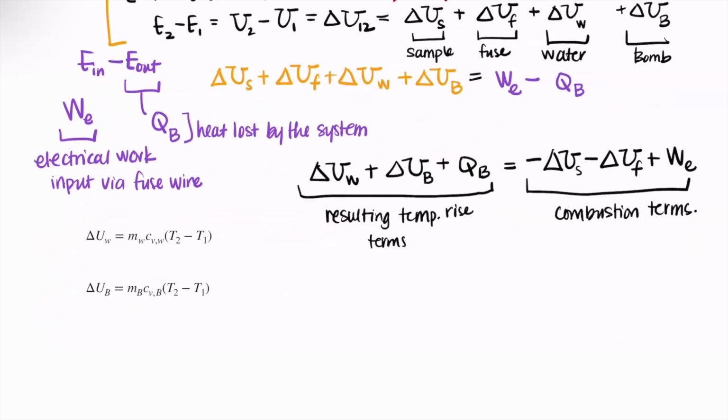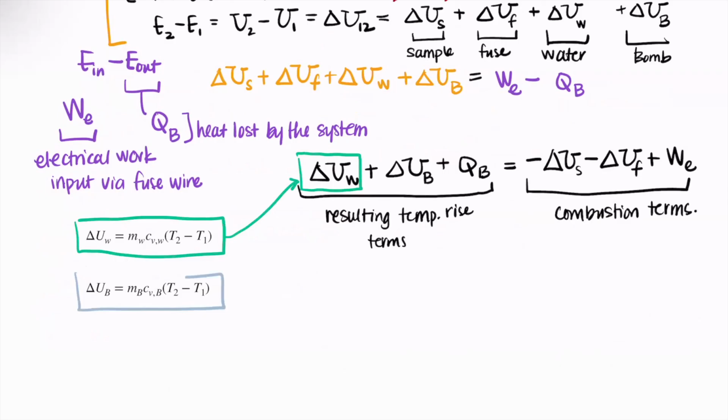In my class anyways, we are going to talk about specific heat today. So this is a little bit of a teaser for what you're going to learn soon. But we can rewrite this change of internal energy for the water and for the bomb itself in the following way.